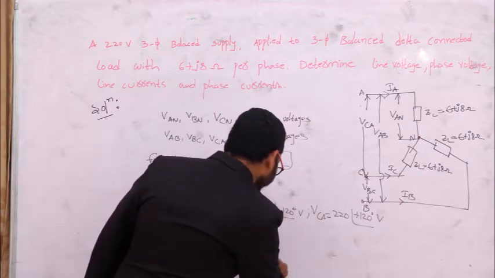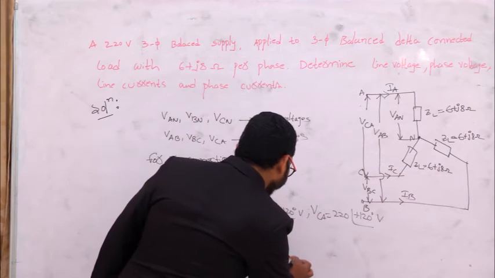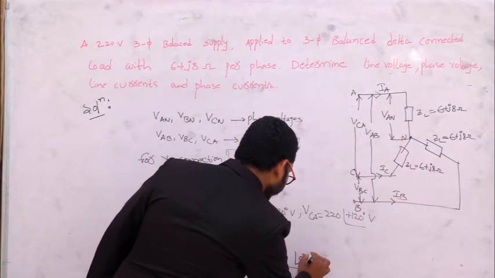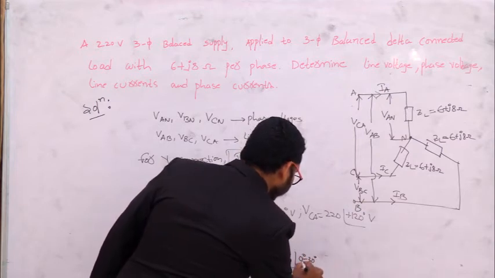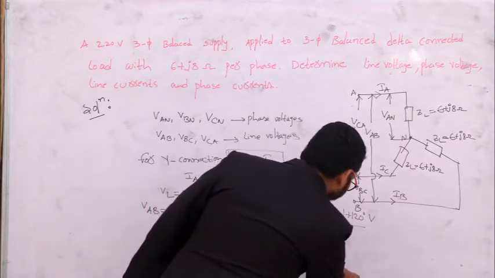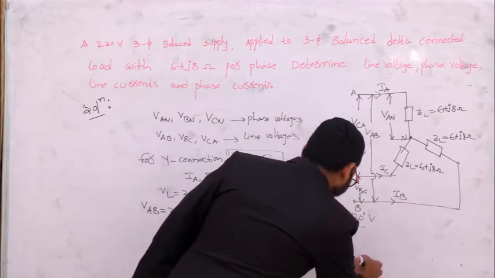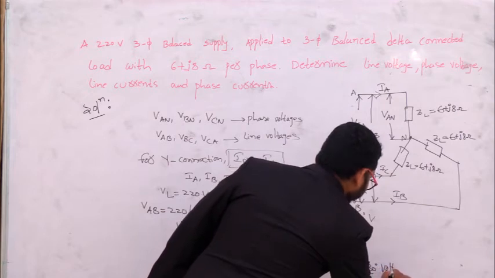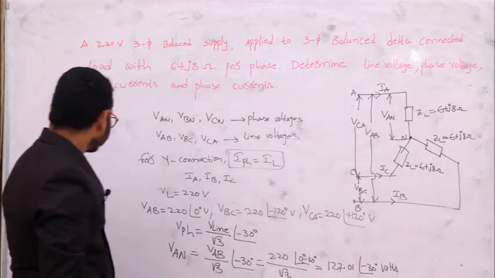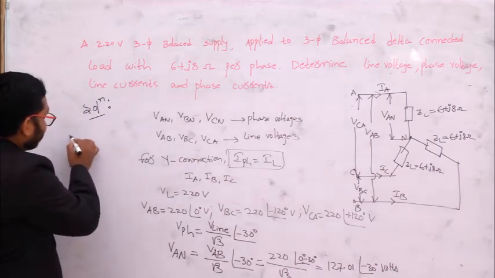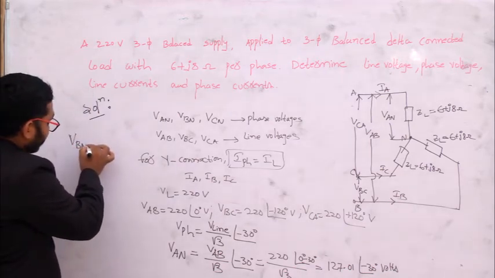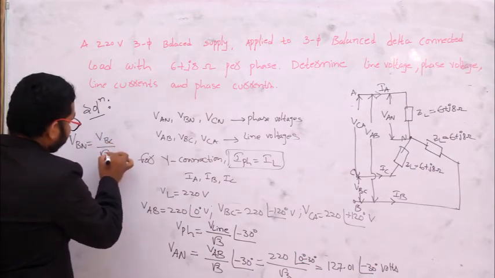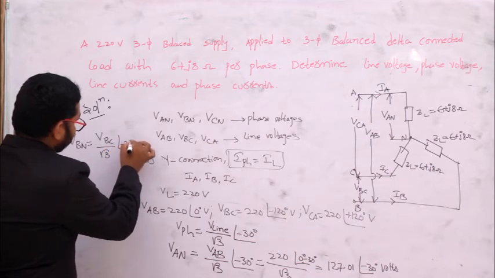VAB we already know, 220 at an angle 0 degrees, by root 3, at minus 30 degrees. So you will get 127.01 at an angle minus 30 degrees volts. Similarly, VBN is equal to VBC by root 3 at an angle minus 30 degrees.